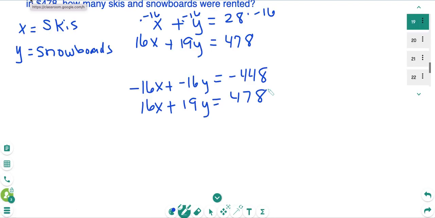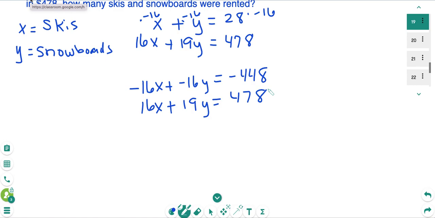In this case, we made the zero pair. All right, so now we see the zero pair.